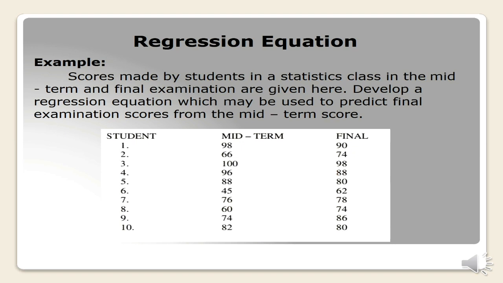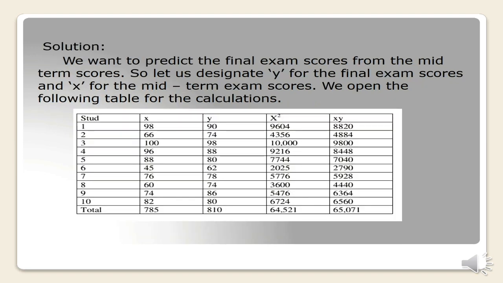There are 10 students and there are 10 scores. Predict the final exam scores. So let us decide y for the final exam scores and x for the midterm exam scores. We open the following table for the calculations.